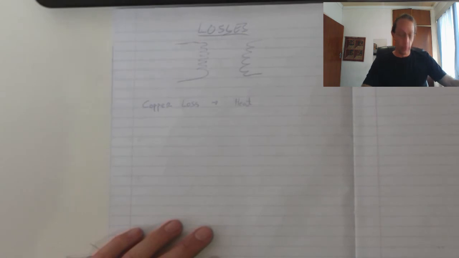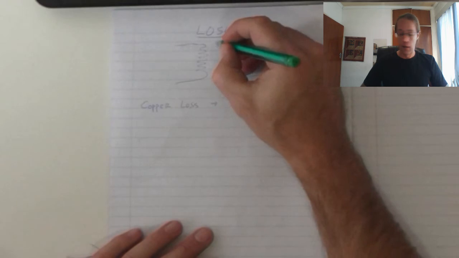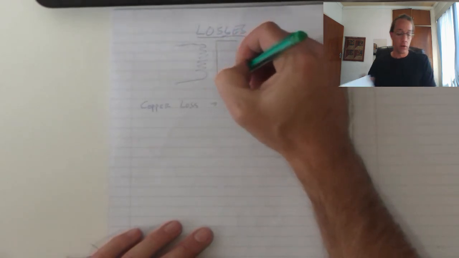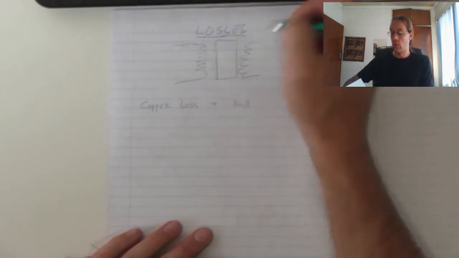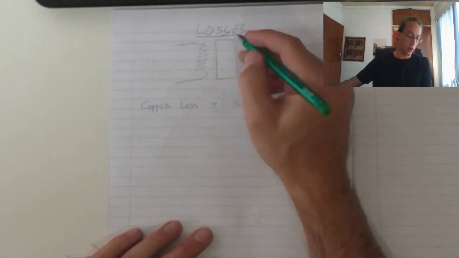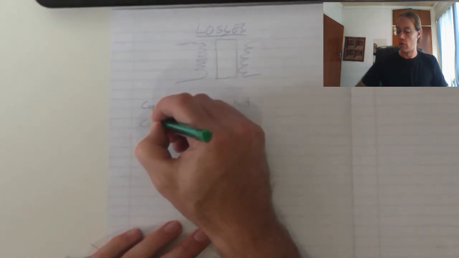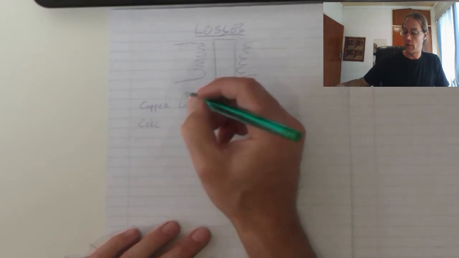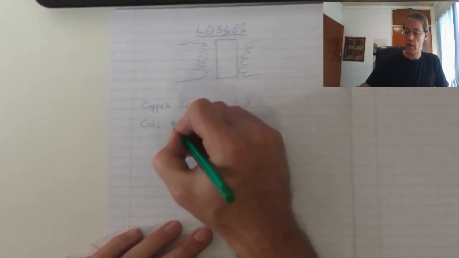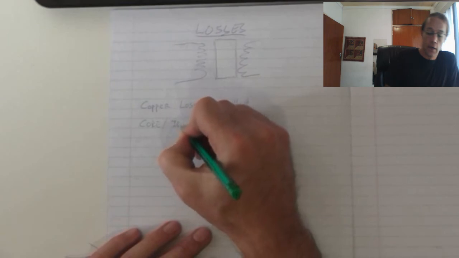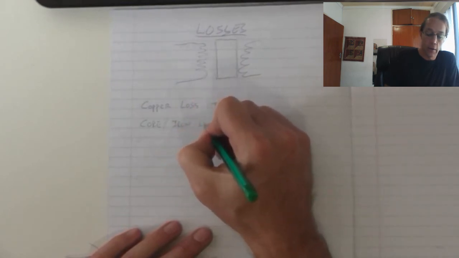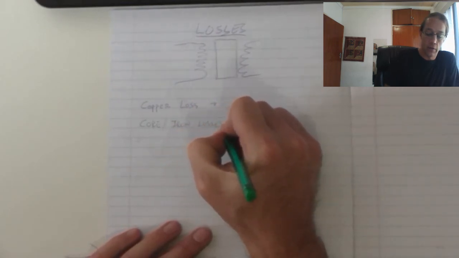The next aspect that influences the efficiency is my core losses. Being a soft iron core, this core will allow for losses. Core losses are also called iron losses.